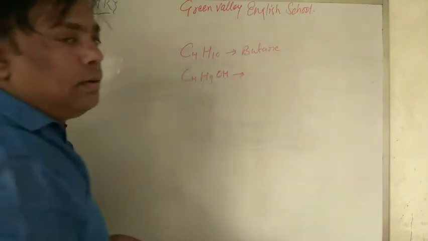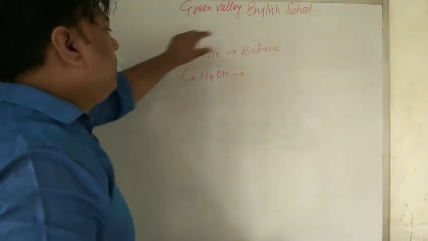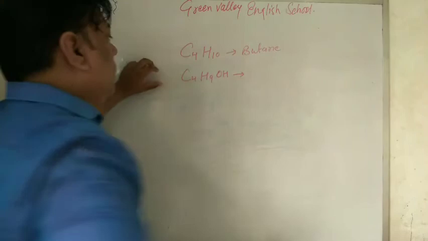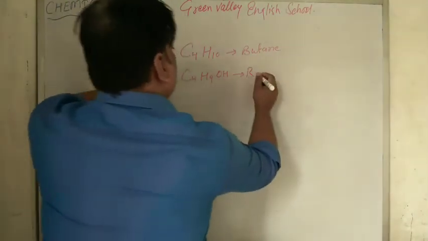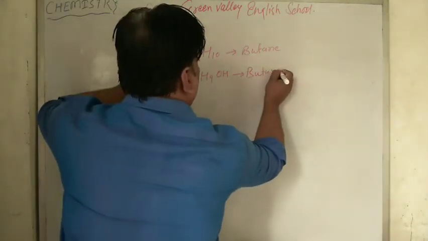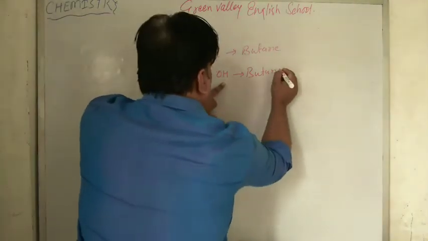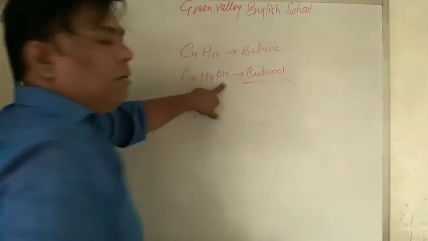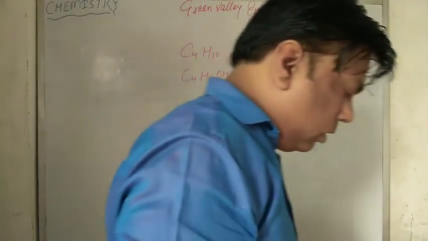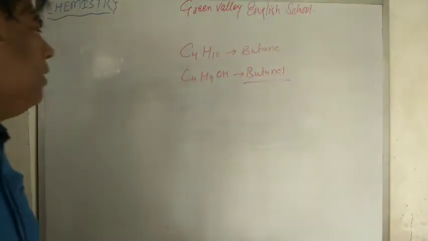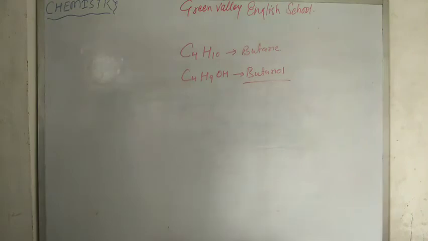What is the name of that compound? The number of carbons is 4, that's why it is butane. For OH, we have to remove E and add OL. Name is butanol. So this is the way of writing the name of that compound.